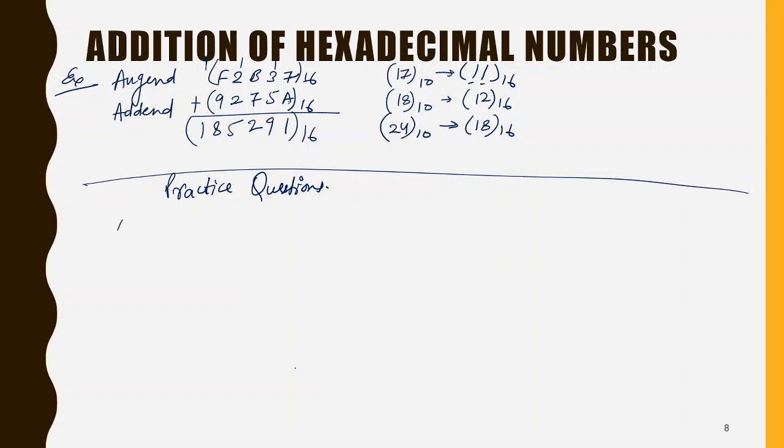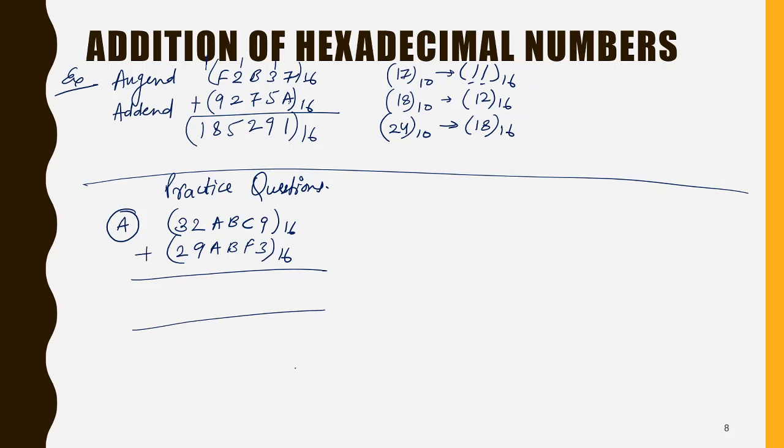So the first question that I would give to you is this: 32ABC9 in hexadecimal, and you have 29ABF3 in hexadecimal.